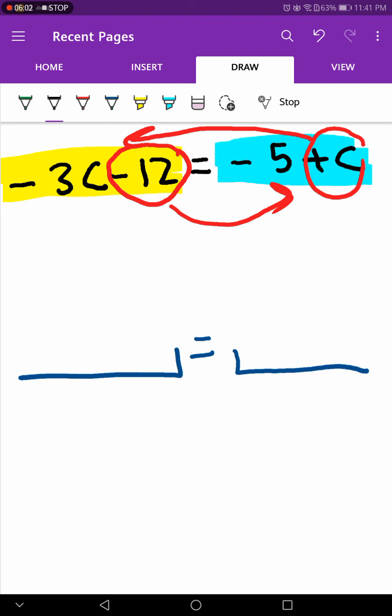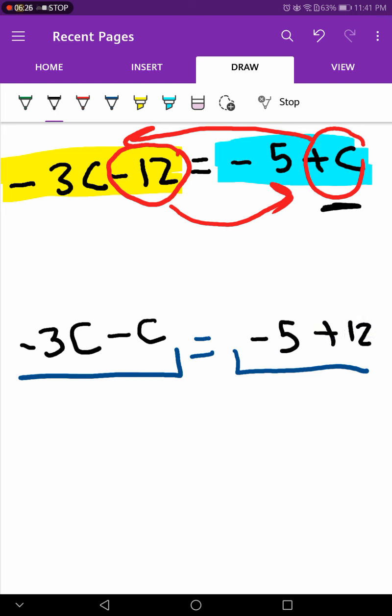The negative 3c already exists on the left side, but I bring the plus c here. It will be negative c. On the right side I have the negative 5, it already exists, and I will bring the negative 12. It will be plus 12.